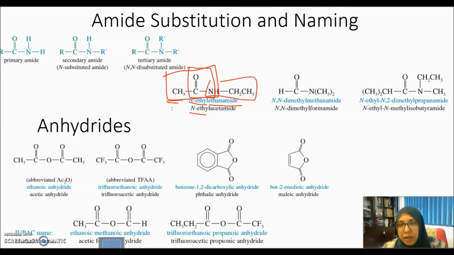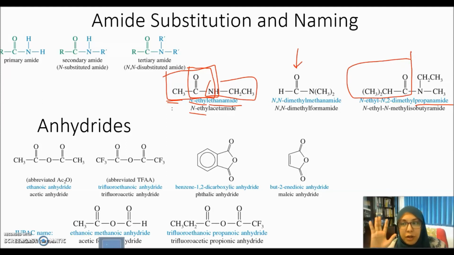Now this part, how do you determine which is which? Again, look at where your carbonyl is, and then count the number of carbons that you have. For example, you have propanamide there. Dimethyl propanamide, meaning you see where your carbon, C double bond O, carbonyl is, and that part there is your longest chain.